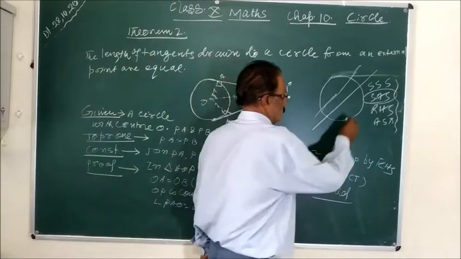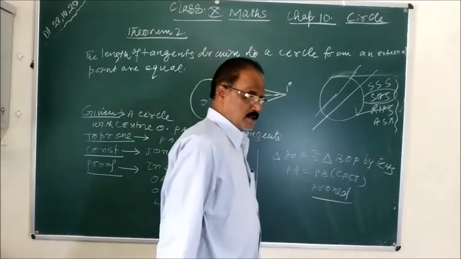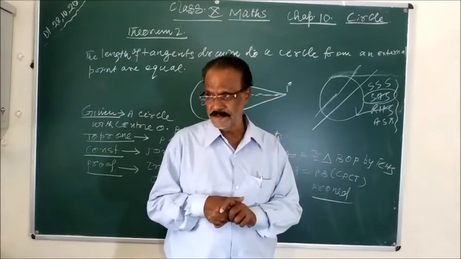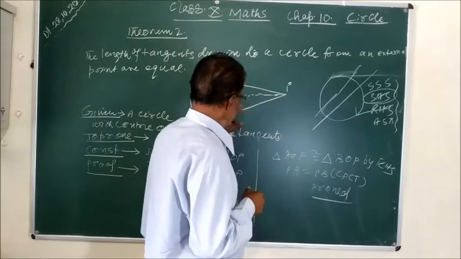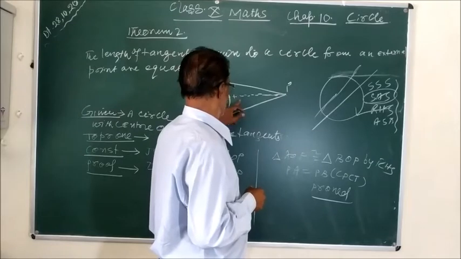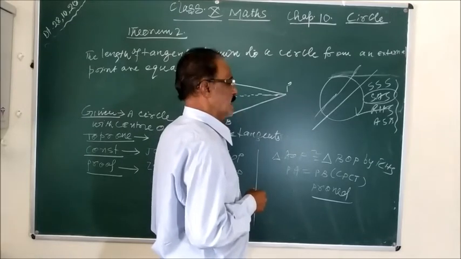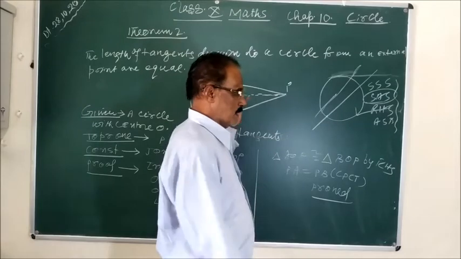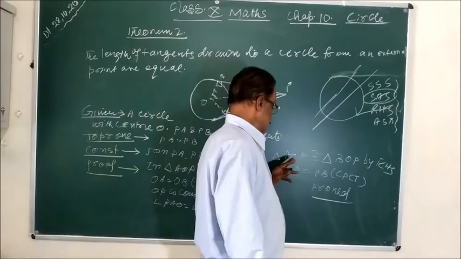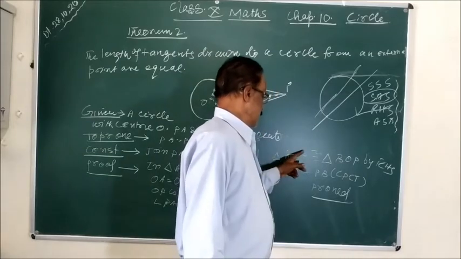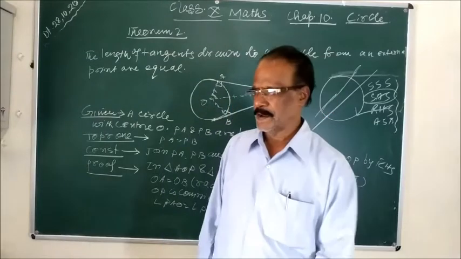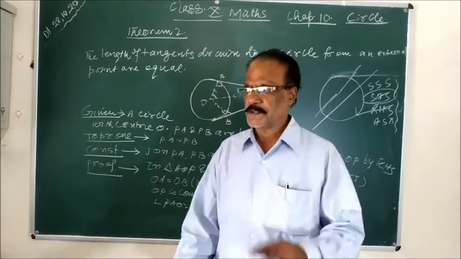We are using the RHS theorem. What is the RHS theorem? In two right triangles, if the hypotenuse and one side are equal, and one angle is a right angle. So by RHS these are congruent, and therefore by CPCT PA is equal to BP, and this was to be proved. So this is a very important theorem.